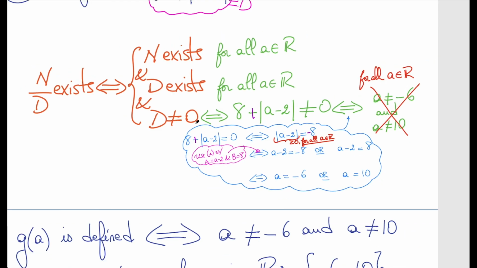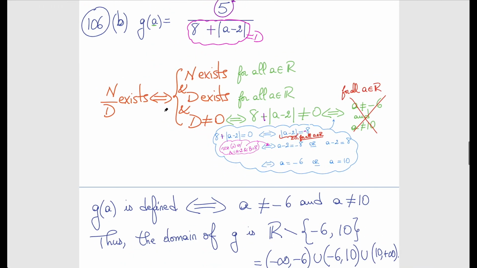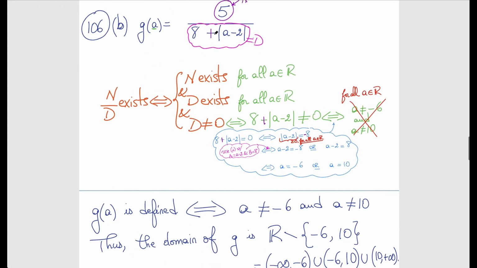So putting things together then, for the new problem, the plus, this condition is bringing no constraints on a. This condition is bringing no conditions on a. And now this last condition is bringing no conditions on a. So putting things together, this quotient here is going to be valid for all real numbers.